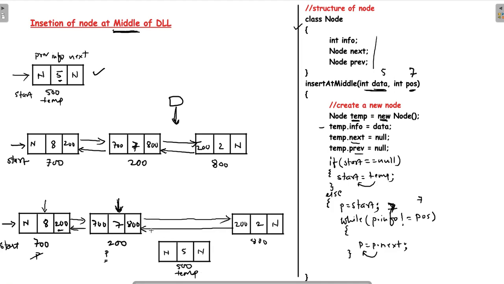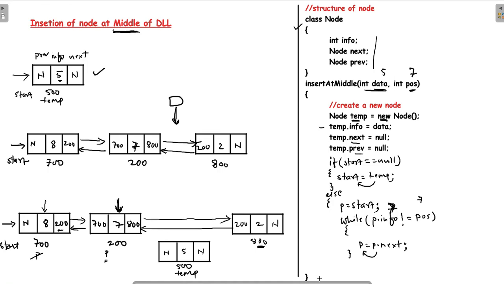Now after this node you want to insert this temporary. Okay. So what will happen in p's next field? In p's next field you will copy the address of temporary, and in temporary's next field you want this 800, right? Because you want to insert this in between. But we don't know where the 800 is, right? Because it is not in any variable, it is present in p's next.